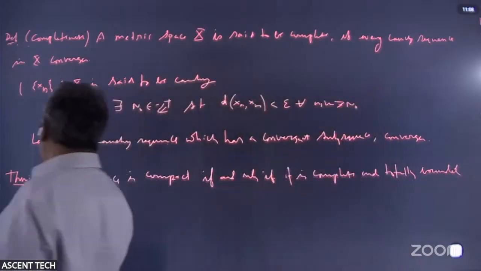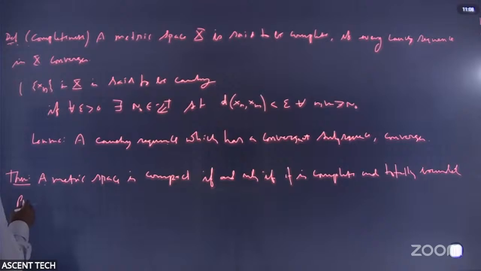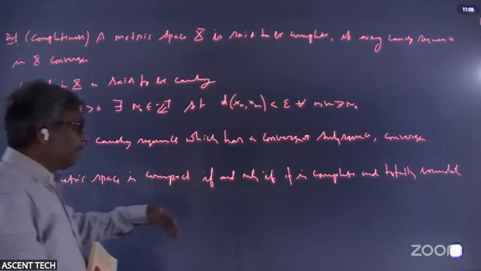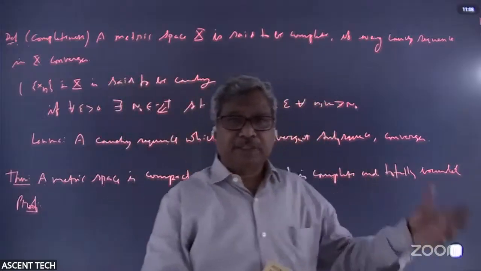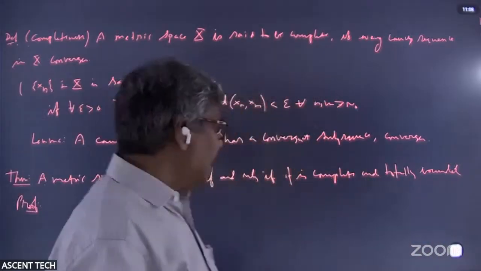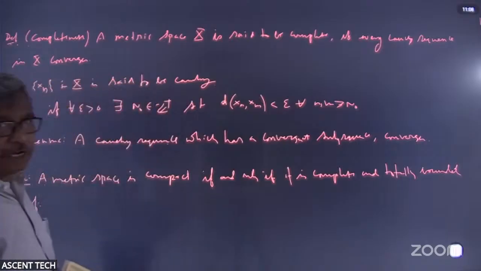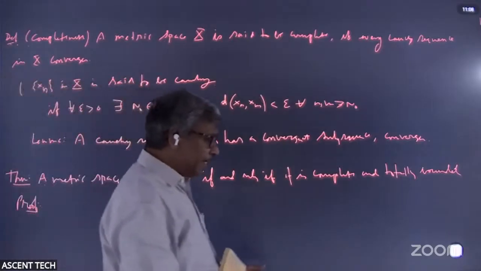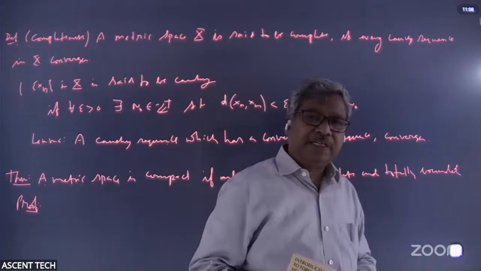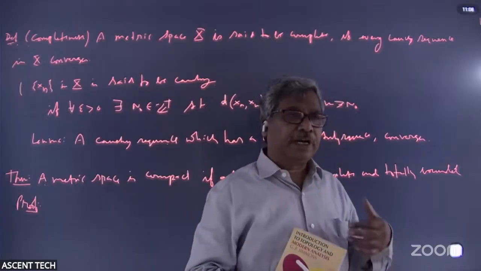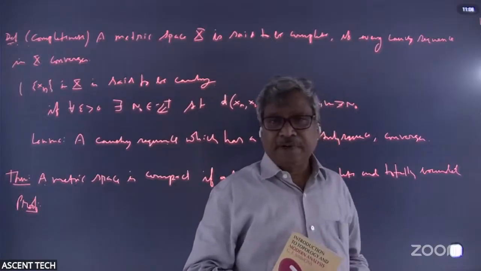Here's a proof. One side becomes too easy for us. Compact metric space is totally bounded is already proved. Compact metric space is sequentially compact and totally bounded. I only have to show that a compact metric space is complete. If I take a compact metric space, every infinite set in it has a limit point. So if you take a Cauchy sequence in it, that's an infinite set.